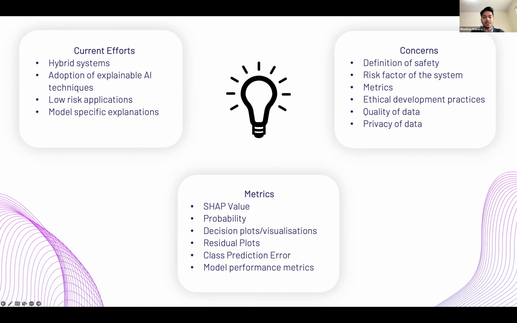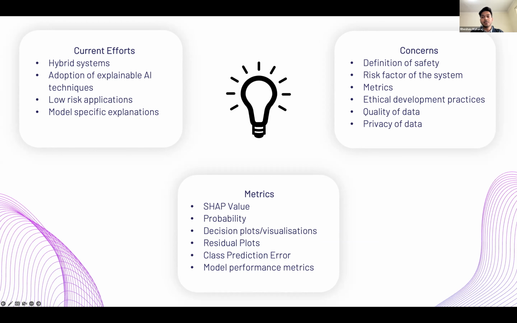And a very outstanding point that I found was model-specific explanations. So in the realm of intelligent transport systems, we want model-specific explanations, because we want to be able to understand the specific use cases and understand what decisions are being taken within the model for that specific use case.